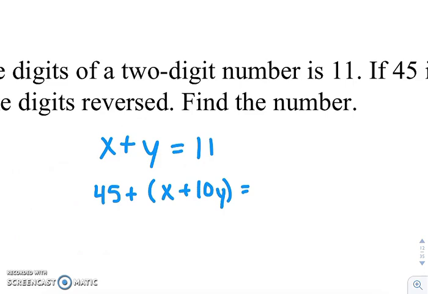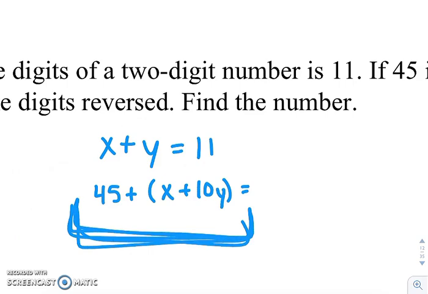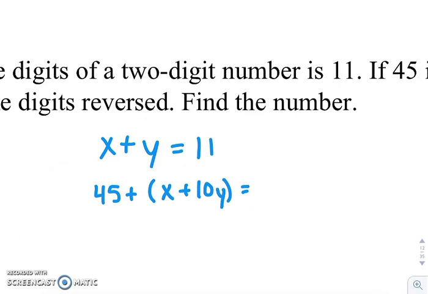That is your number. So 45 plus that whole number equals the number with the digits reversed. Say your number was 21, with 2 in the tens and 1 in the ones; reversed would be 12. So to reverse the number, the x digit is in the tens place and the y digit is in the ones place.